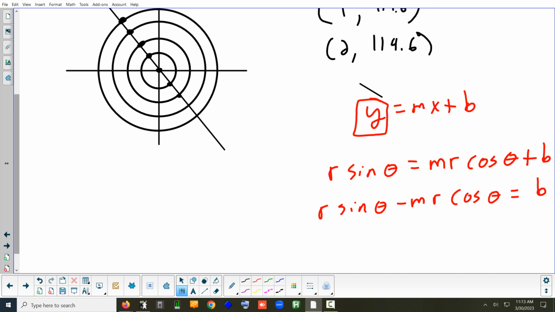And what can we do with these two terms on the left? We're trying to get r by itself. Well, we've got to be careful. In case r was 0, we could have a radius of 0. We don't want to divide by 0. But what else can we do with the r?